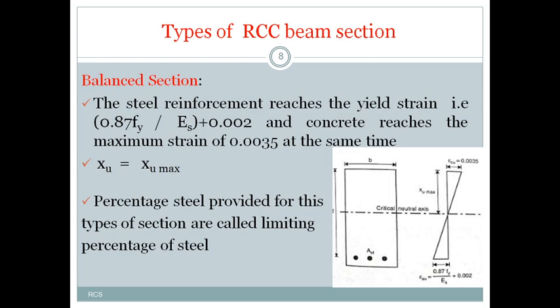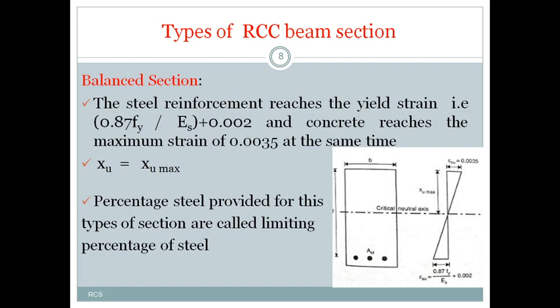Right. Let me discuss the balanced section. A section is said to be a balanced section when the steel reinforcement reaches its yield strain, that is 0.87 Fy by ES plus 0.002, and the concrete reaches its maximum strain of 0.0035 at the same time. Then we can say that section is a balanced section.